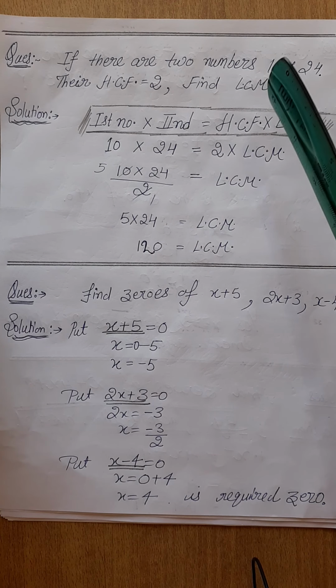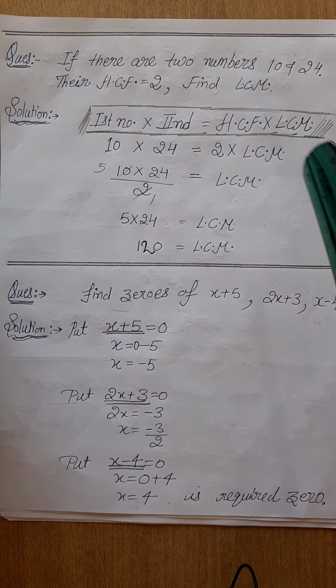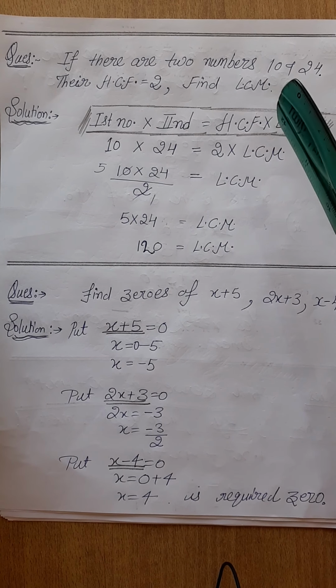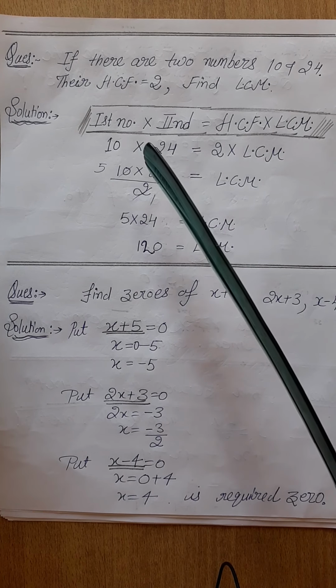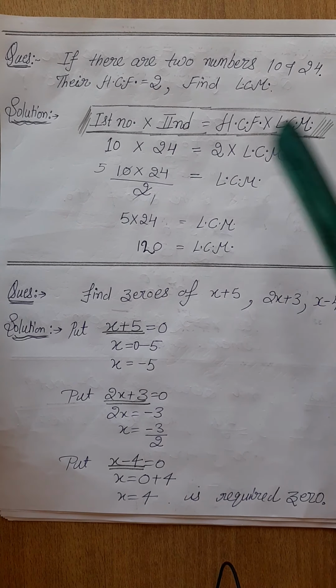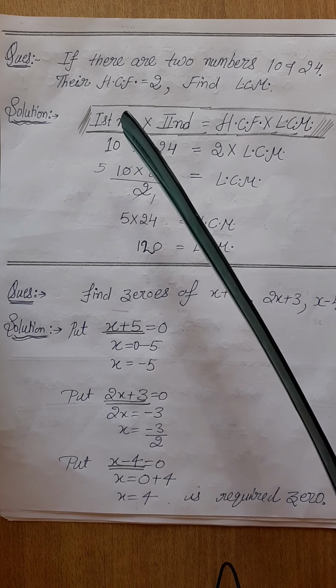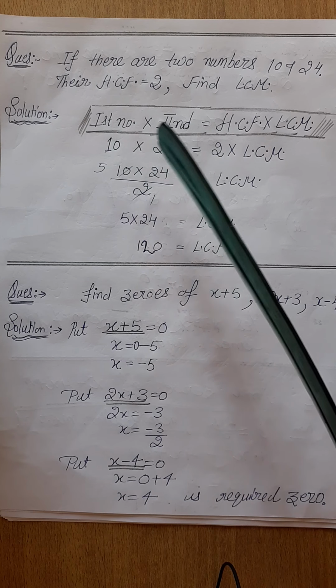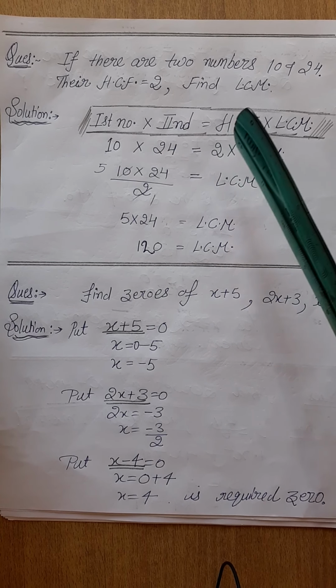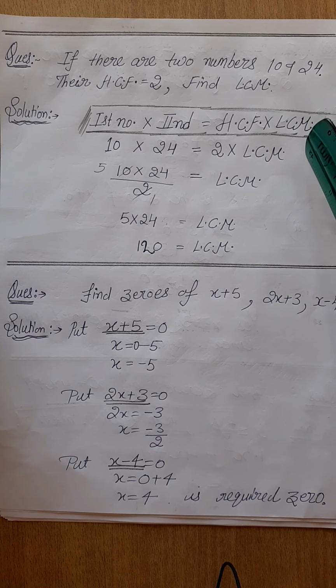In my previous video, we discussed HCF and LCM. Now we take an example. We use the identity, that is first number multiply second number is equal to HCF multiply LCM.